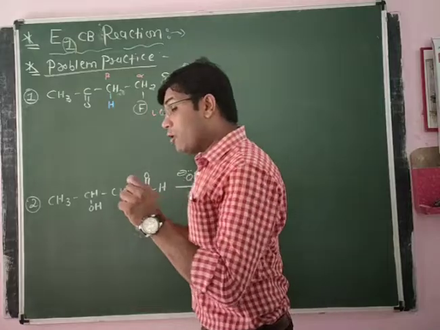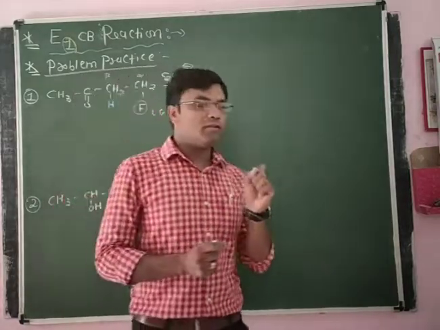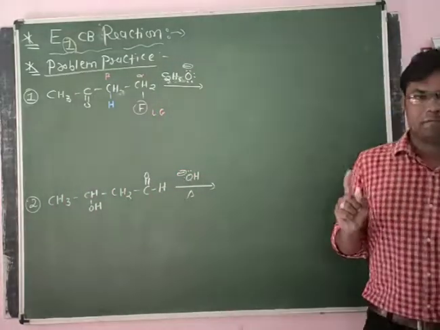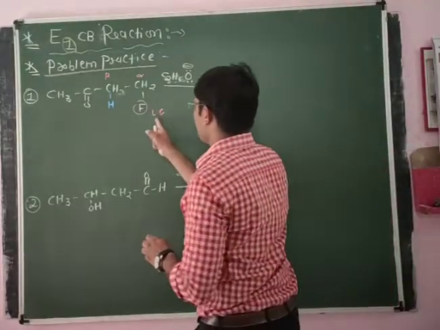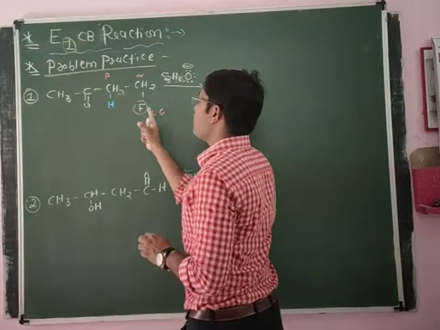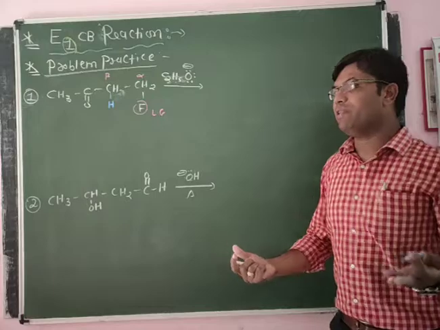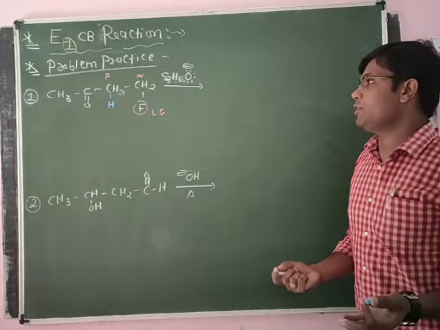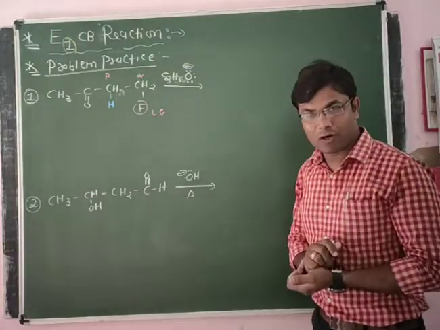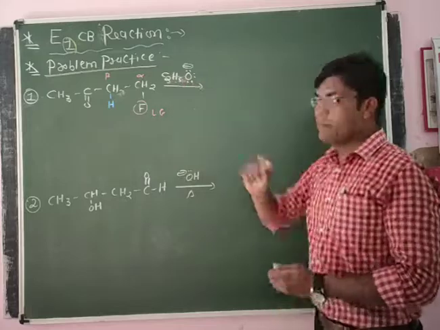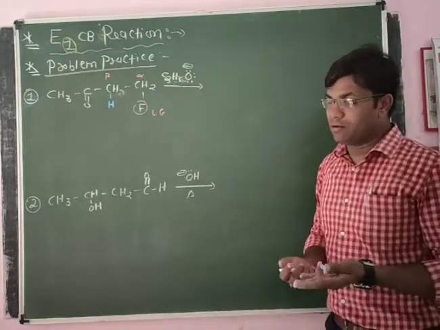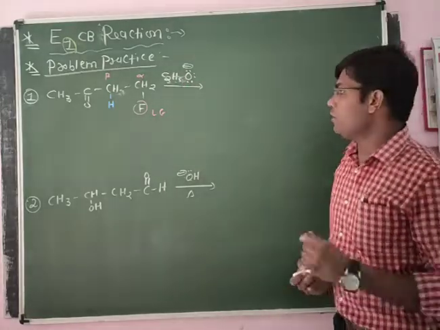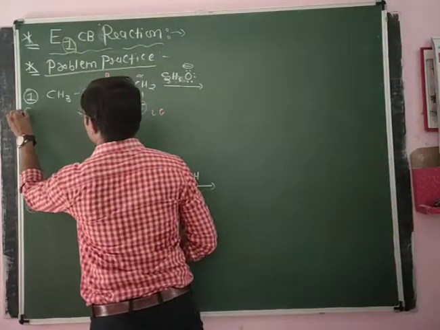So first, how can you understand whether this is an E1CB, E1 or E2 reaction? Our leaving group is a poor leaving group, and you know very well, in the presence of a poor leaving group, an E1CB reaction always occurs. And this is also a strong base. So we can say this is one kind of E1CB reaction.